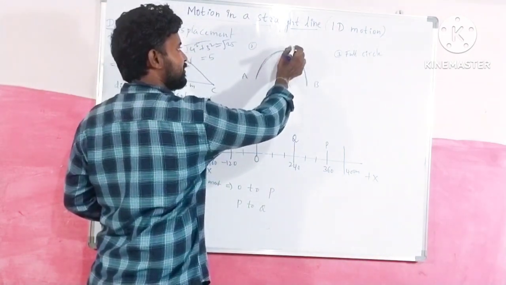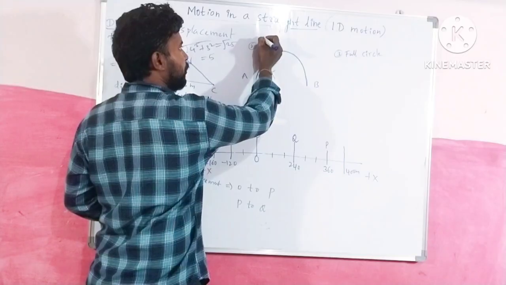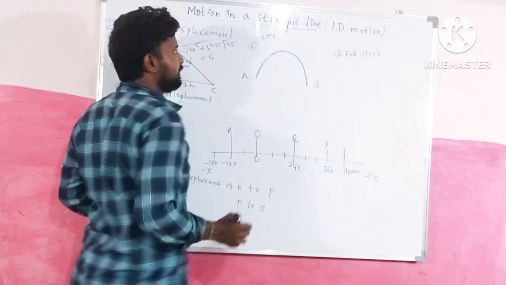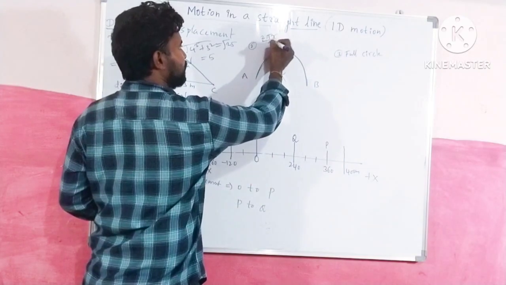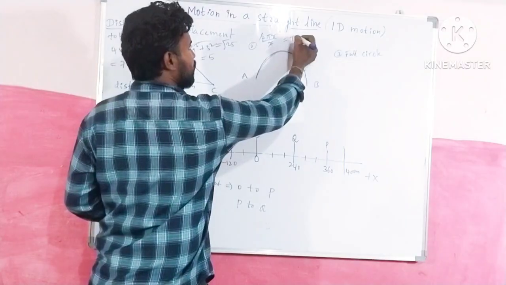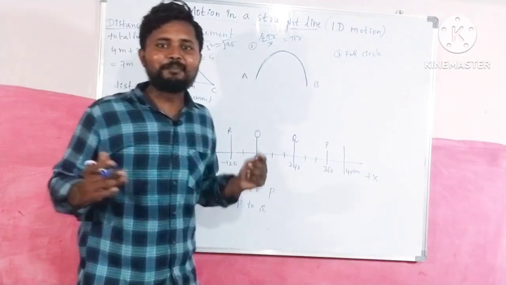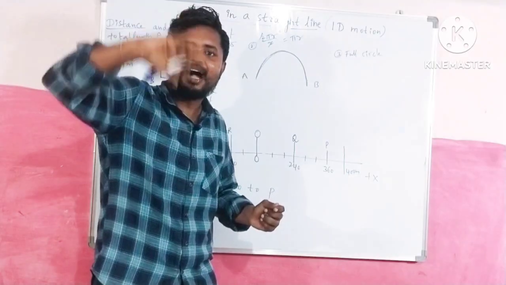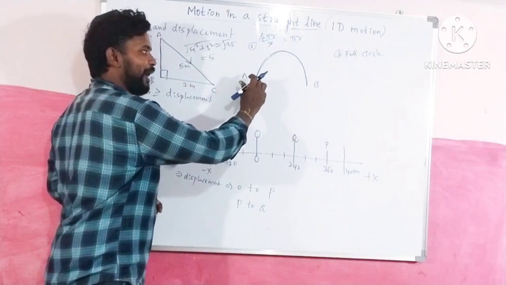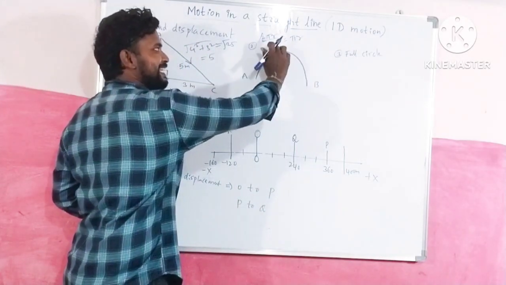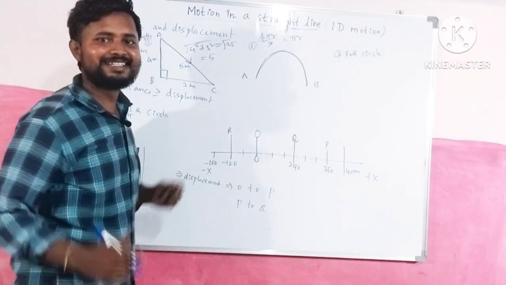Half revolution means the circumference 2 pi r divided by 2. So here distance equals pi r. When a body completes half revolution, moving from here to here, distance is pi r.